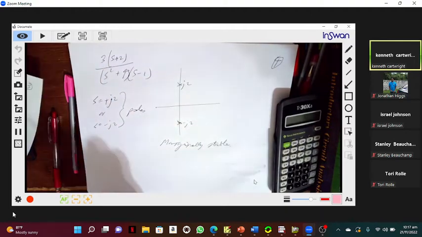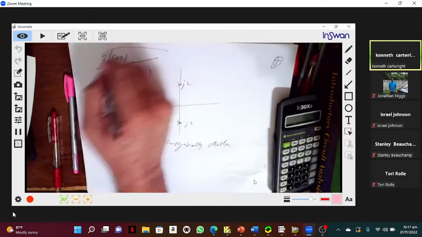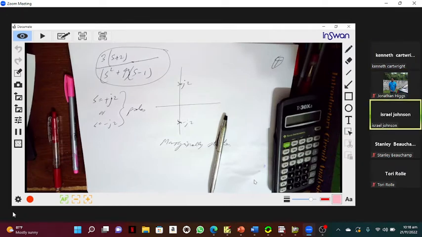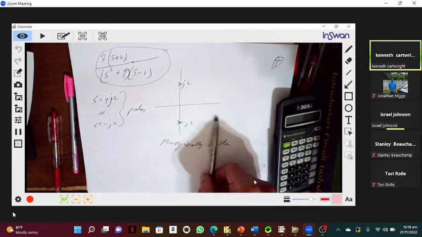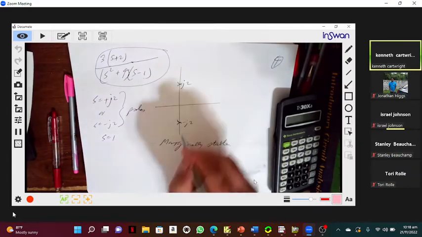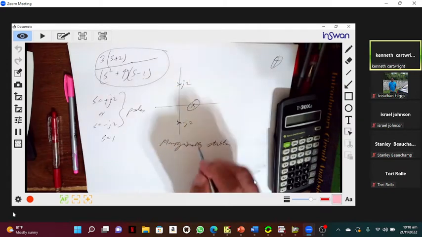What about now? Is this a stable system or what? That's unstable. Yes, unstable. Why? Because this pole here is s equals 1. Where's s equals 1? Right here. Right-hand plane.